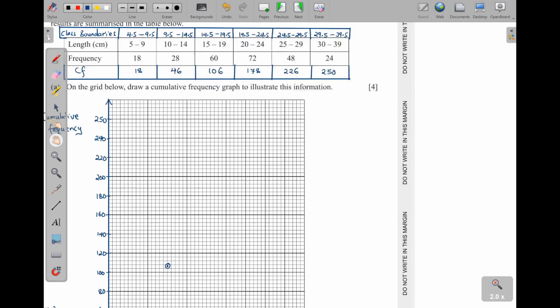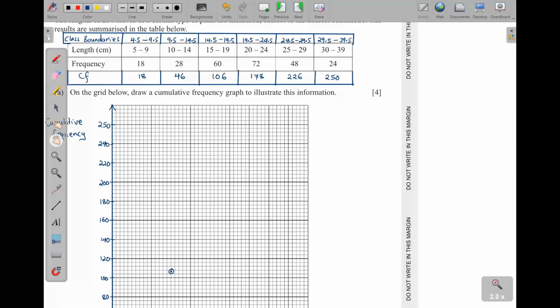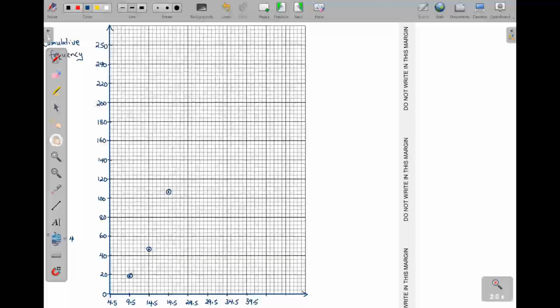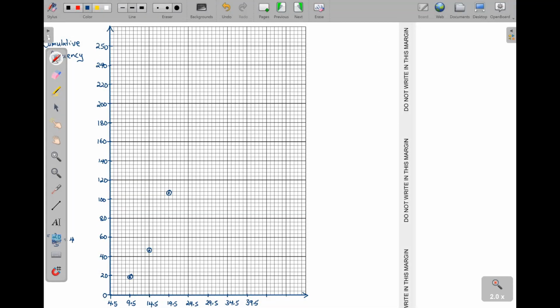Then the next one is going to be 178 against 24.5. 178 is bigger than 160 by 18. So 18 divided by 4, that is 4.5. That means I'll go up here, 4, then 0.5 there.